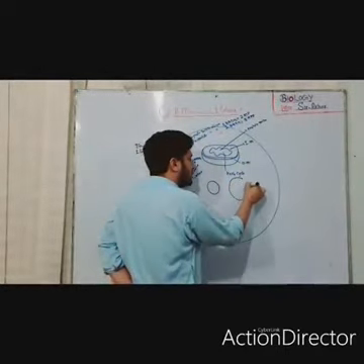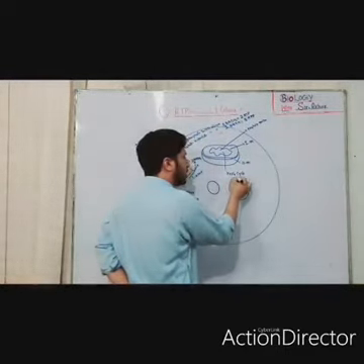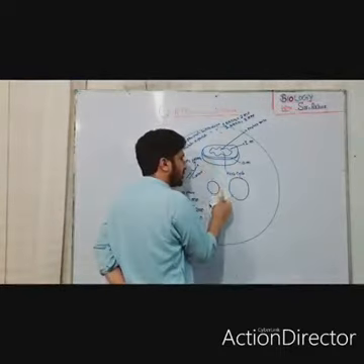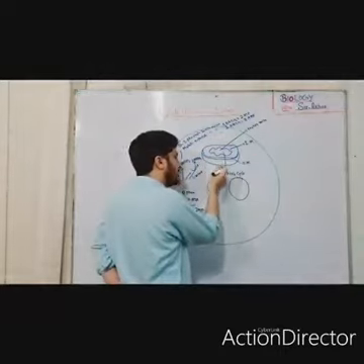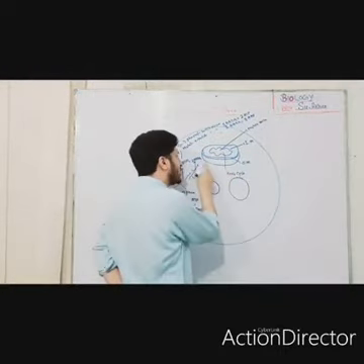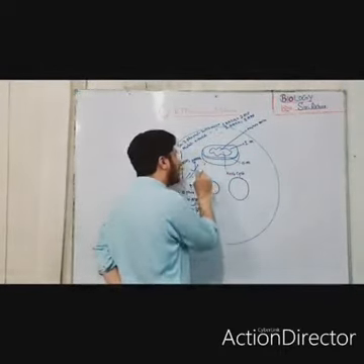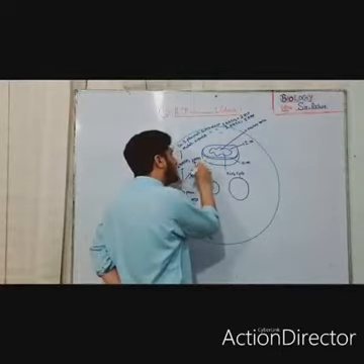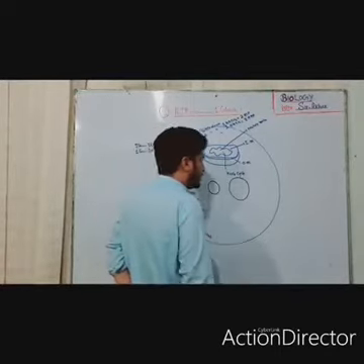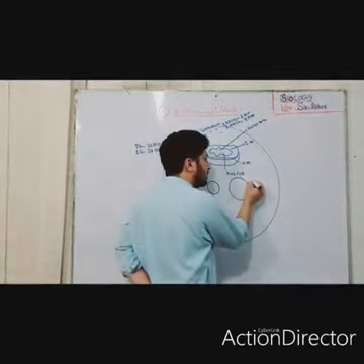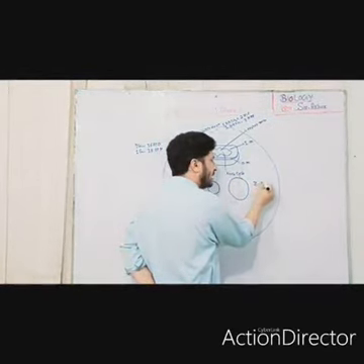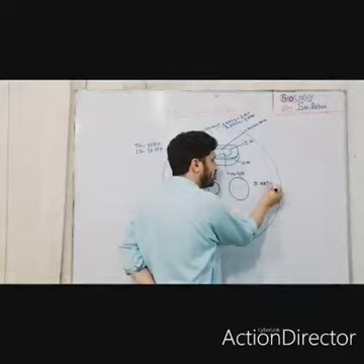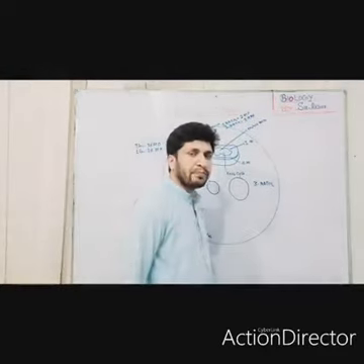From the two molecules of acetyl coenzyme A, first of all we will calculate from one molecule, then we will multiply it by 2 because we have a total of 2 acetyl coenzyme A entering the Krebs cycle. So for one molecule, a total of 3 NADH2 molecules are produced.